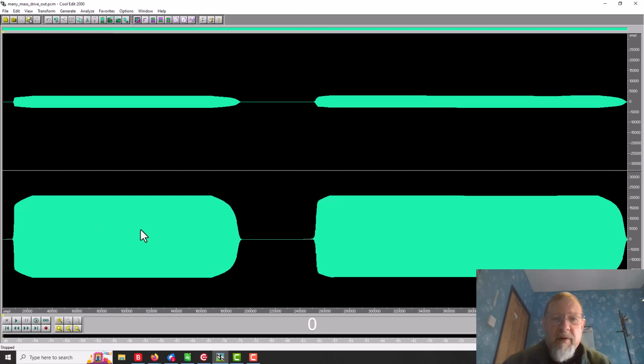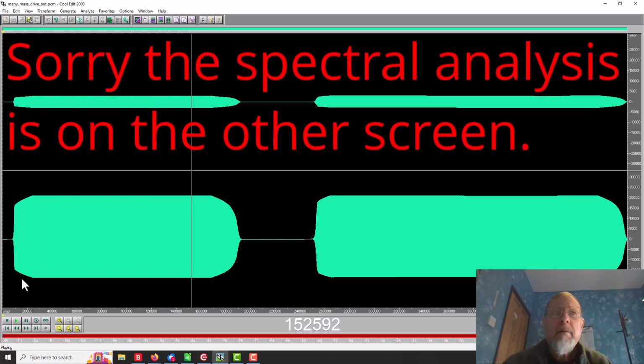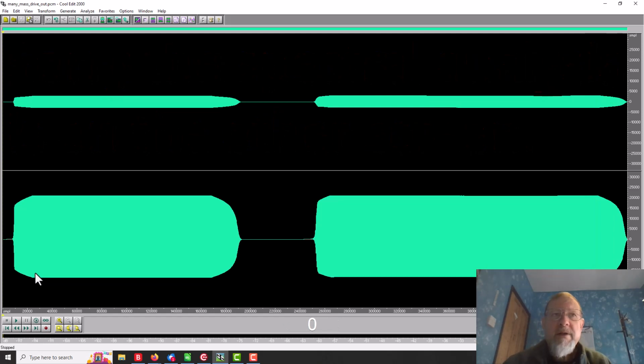And you can see we've got certainly a bigger one here. Oh, there we go. So that's driving more the fundamental. Okay, so that is driving the fundamental rather than the first harmonic.